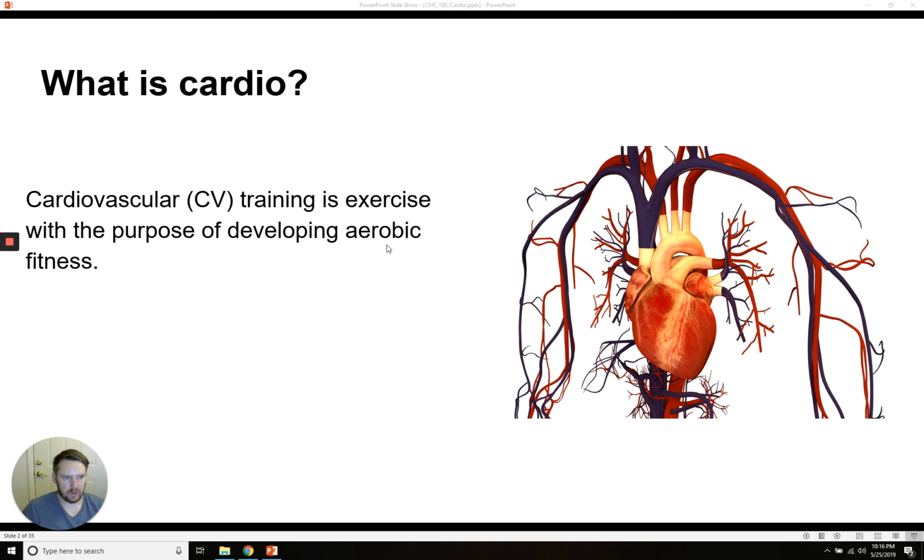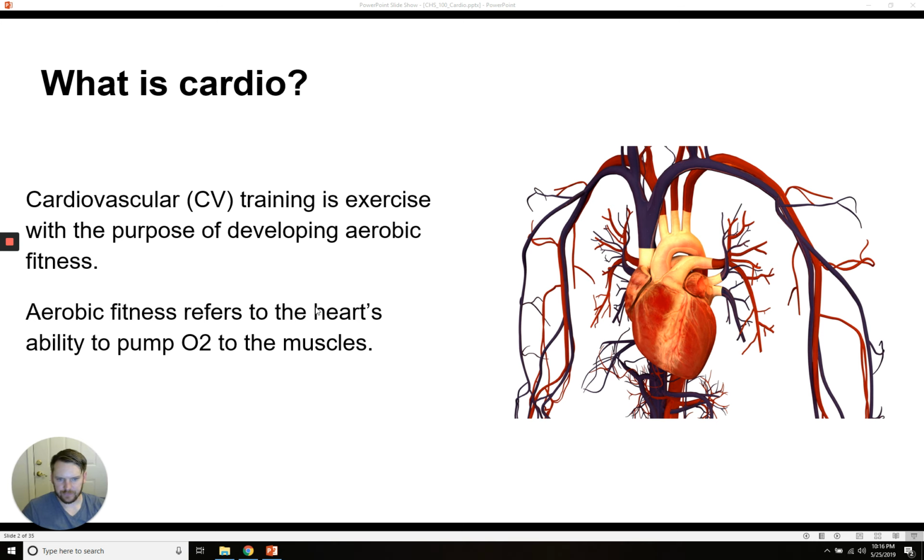The more robust this whole system is, meaning that the strength of the heart and the ability to pump blood and to deliver oxygen at a maximal rate is going to ultimately improve health and performance in some capacity. So aerobic fitness again refers to that heart's ability to pump oxygenated blood to the muscles.